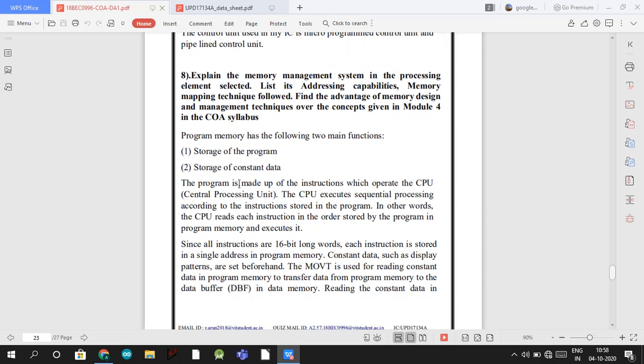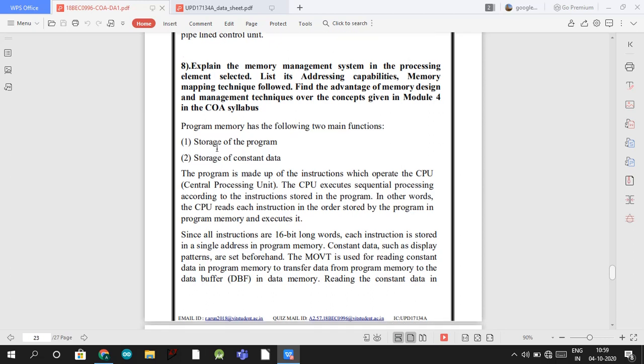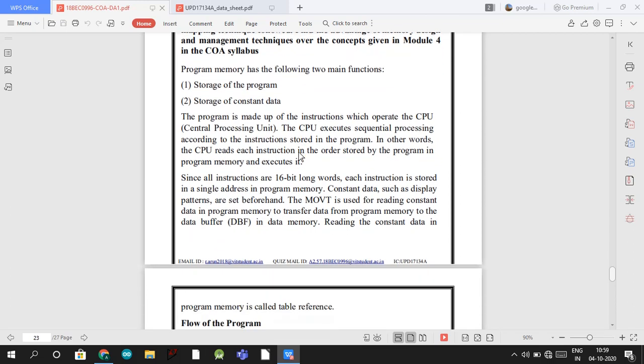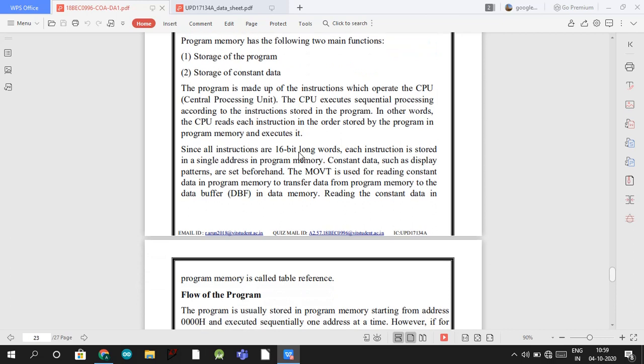Okay, let's see what memory management systems are used in the UPD17134A. We are discussing module 4. In module 4 we see the storing of the program and the storage of constant data. These two memory management systems are used in the UPD17134A. The storage of the program is made of the instructions which operate the CPU.